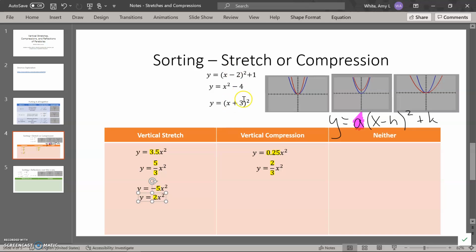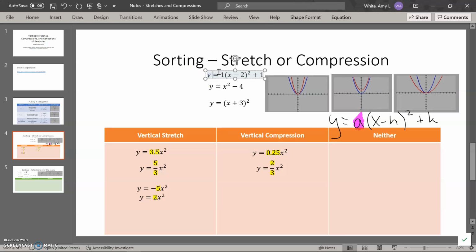Now these ones are written a little bit differently. These ones I've started writing in some H and some K values. But remember, we're only looking at A. So in this case, there is no number written there. When there's no number, remember, an invisible coefficient we have could be 1.